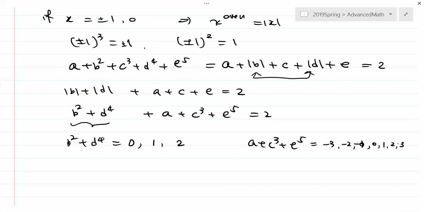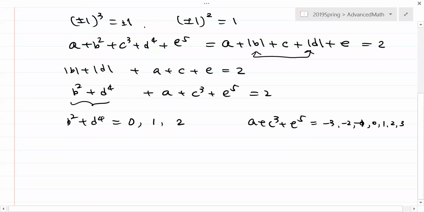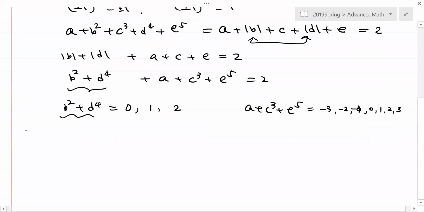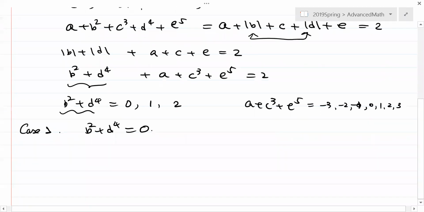There are just too many cases there, so I prefer to focus on the first part first. Case 1: I want to see when this is 0, then the equation is simpler. The equation is too long, and you cannot handle it directly with 5 numbers.